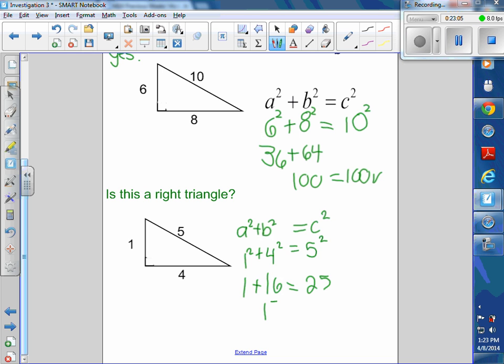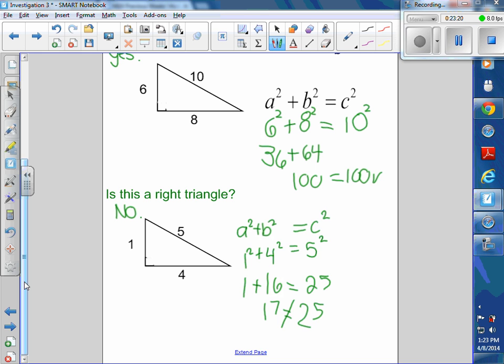Is 17 equal to 25? No. So this is not a right triangle. Tricked us by the little thing in the corner. Do you understand how the Pythagorean theorem can show that?